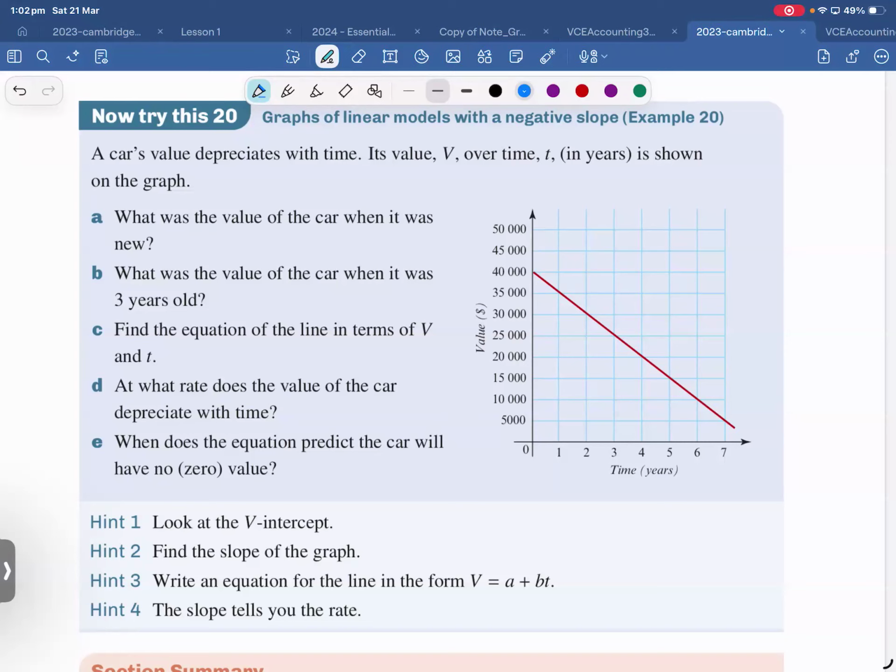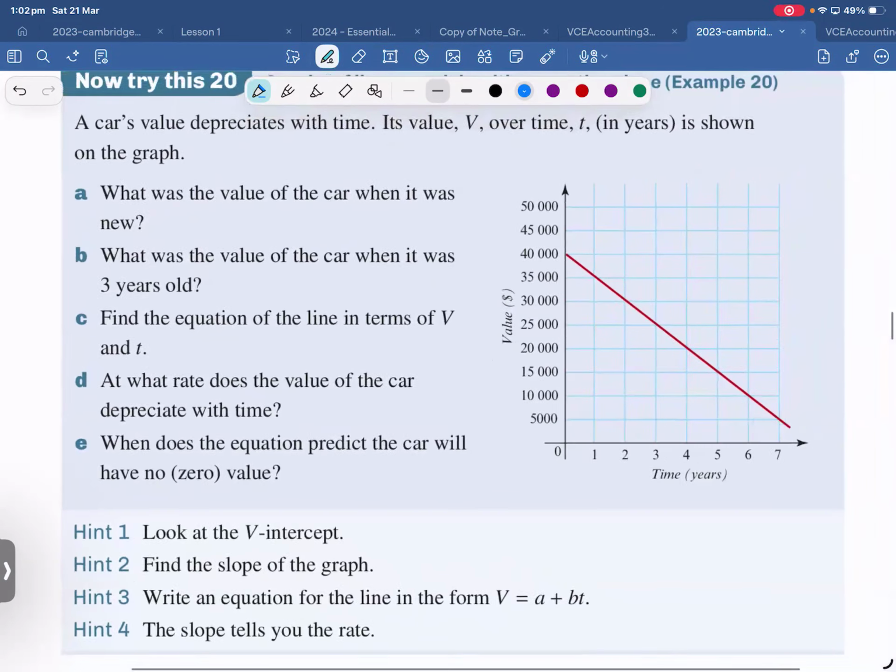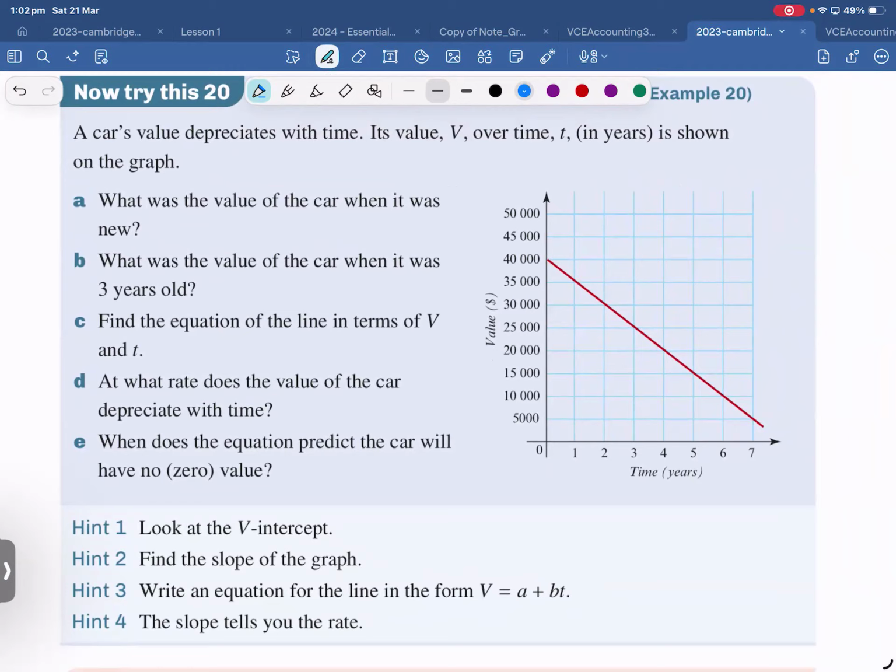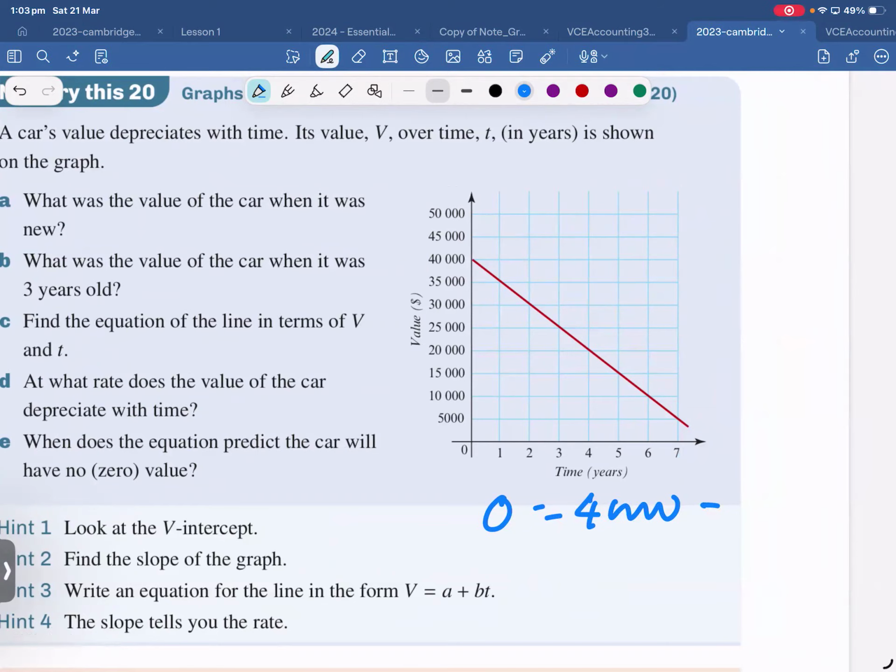Confused on the question? You're confused? All right. Zero. Yeah, you are correct. 0 equals, yeah, you're getting 40,000, minus, um, 1,300. You sure?